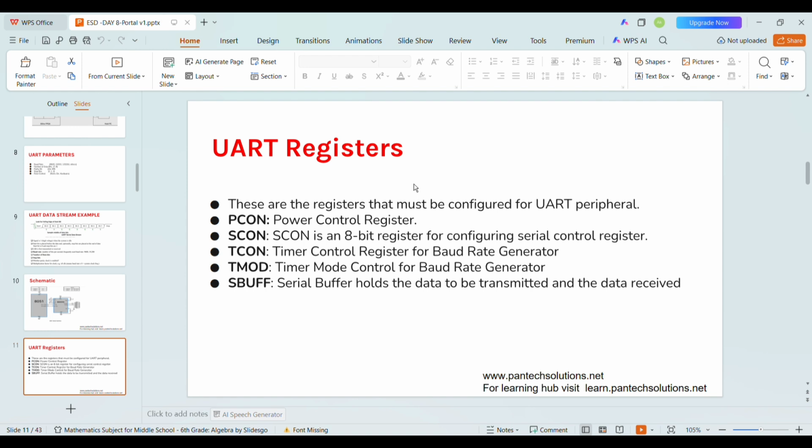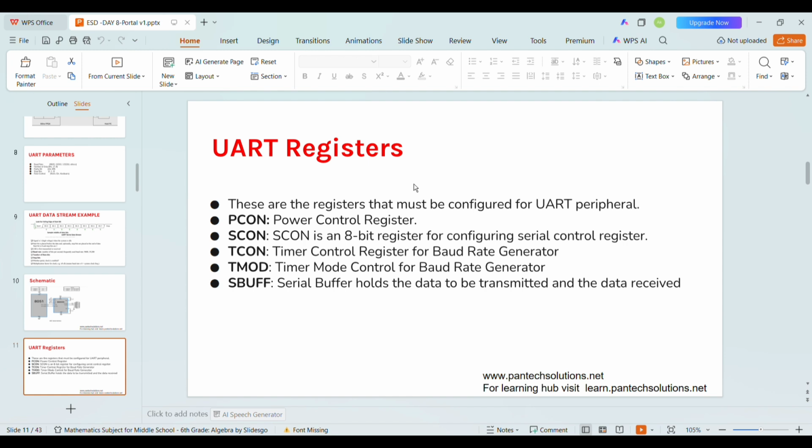Now coming to the registers. These are the UART registers which decide how the data is communicated. We saw by which method it is communicated; now we are seeing what the deciding factors are.